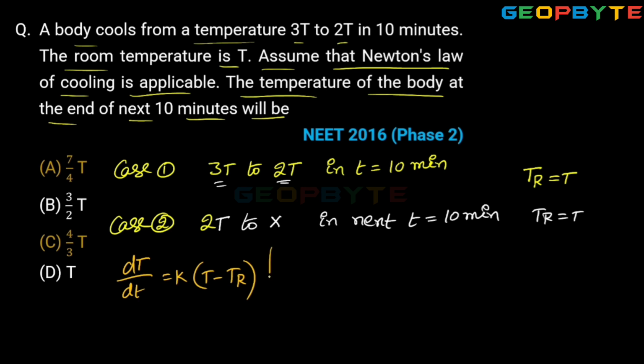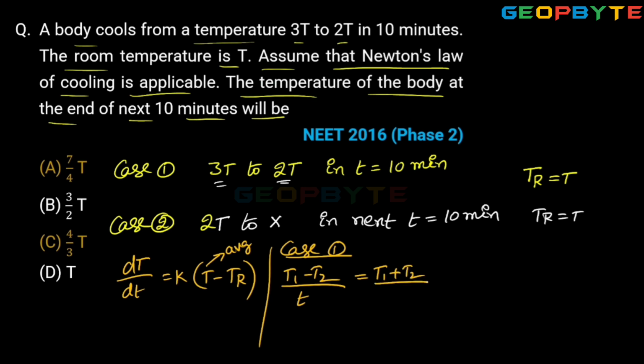From this I can write, let us take case 1: (T1 minus T2) divided by time period t equals k into (average temperature minus room temperature), where the average temperature is (T1 plus T2) by 2.